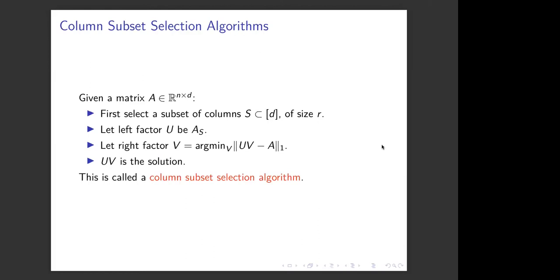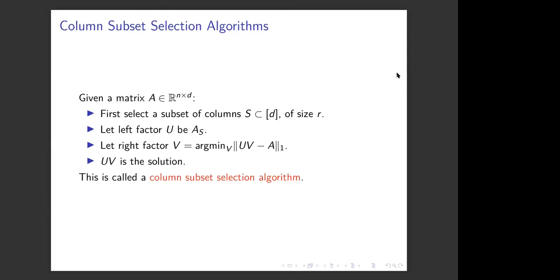First, the algorithm will select a subset of columns of our input matrix, and there are many ways to do that. Then we use that subset of columns to span our low rank approximation. So here the low rank approximation is in the span of U, which is a subset of columns of A.